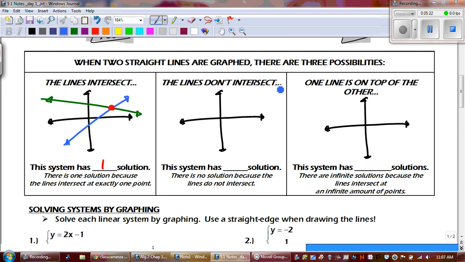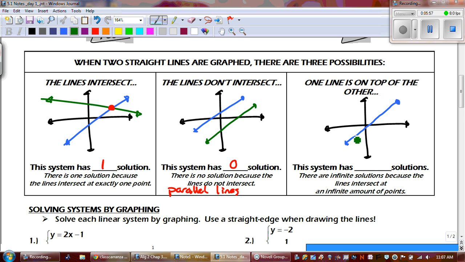Another way you can have it is when they don't intersect. So these lines are never, ever, ever going to intersect. They have zero solutions. And I loved it in class. Someone said, "Hey, Mr. Grice, aren't those parallel lines?" I said, they sure are. And our other option is when one line is on top of the other.